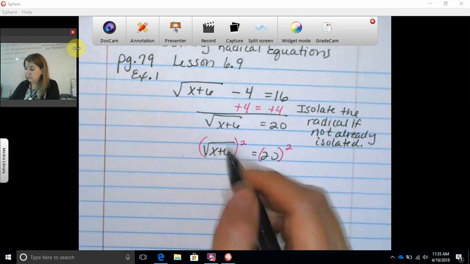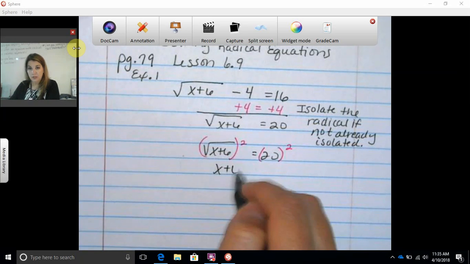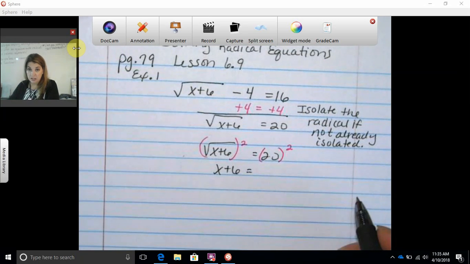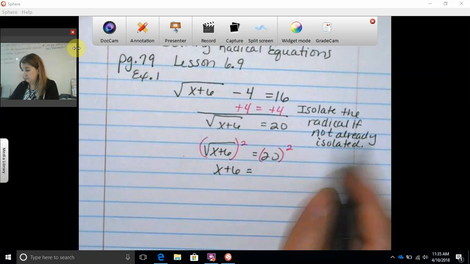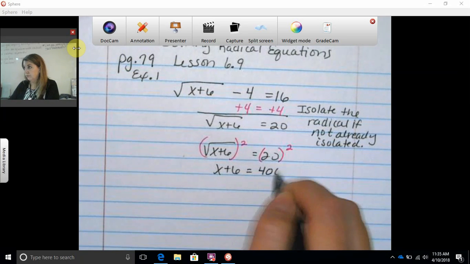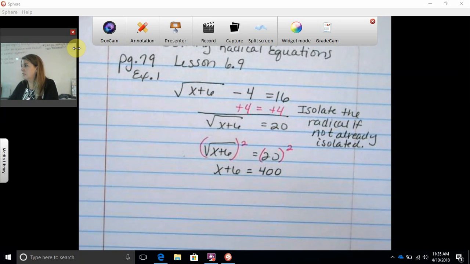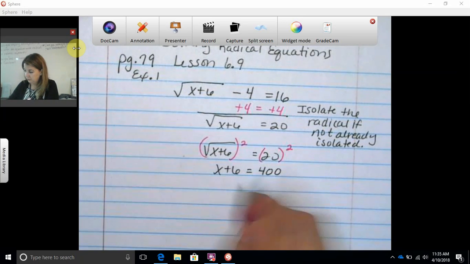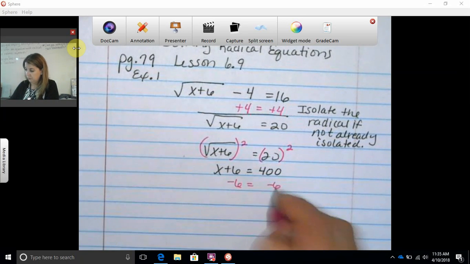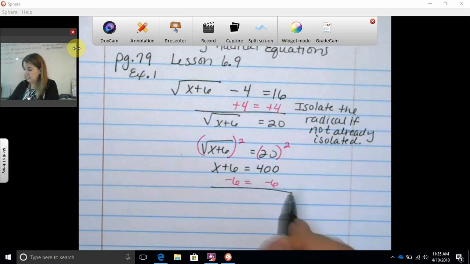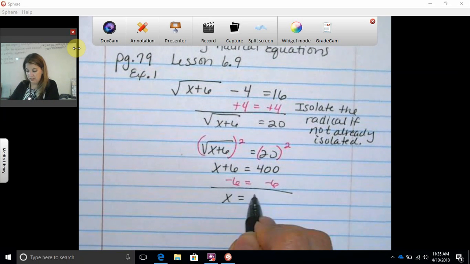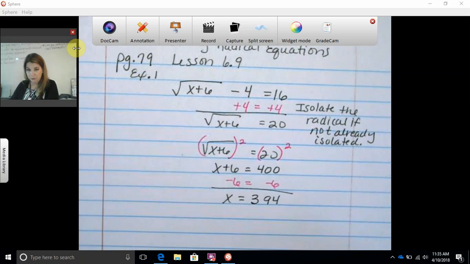Just x plus 6. And 20 squared is 400. Now can we subtract 6 from both sides? Totes. So I get x equals 394.